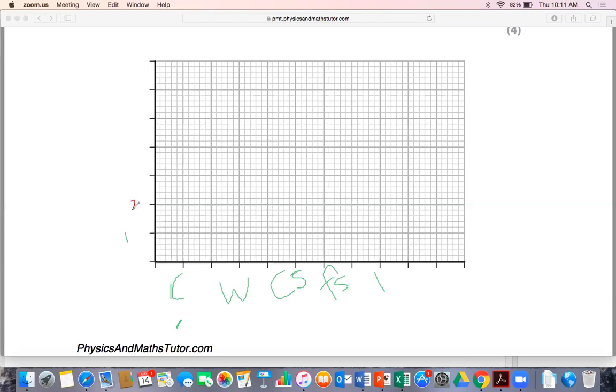Okay, so 1, 2, 3, 4, 5, 6. Okay, write one here properly. Okay, so C was what number?